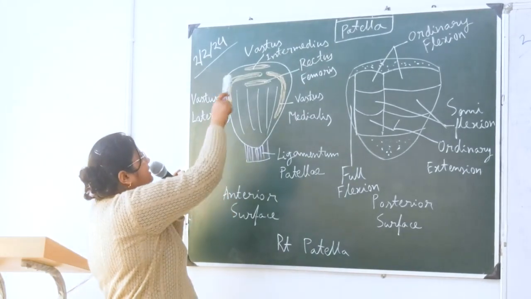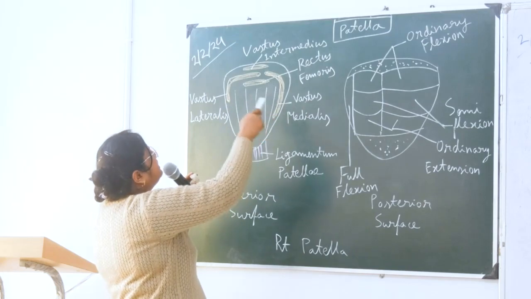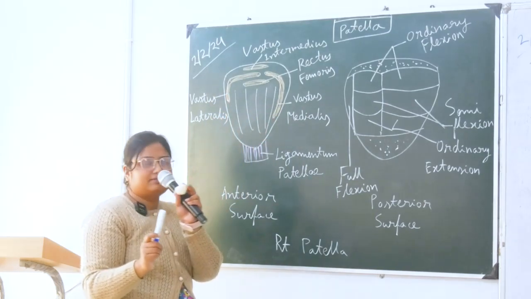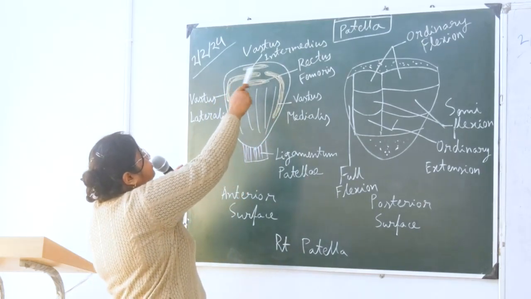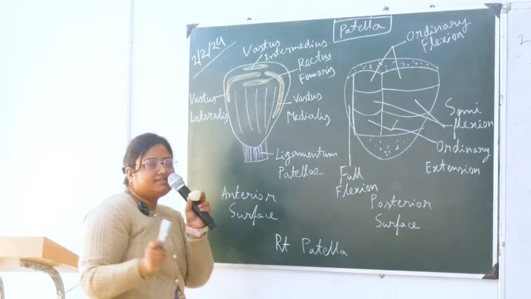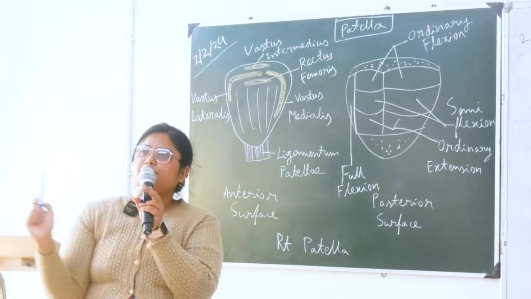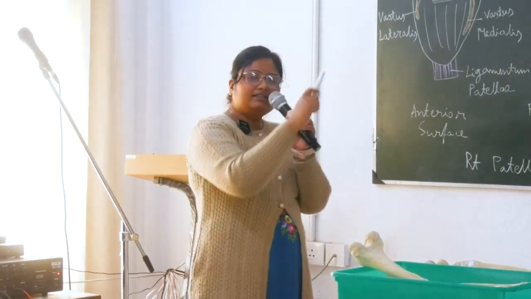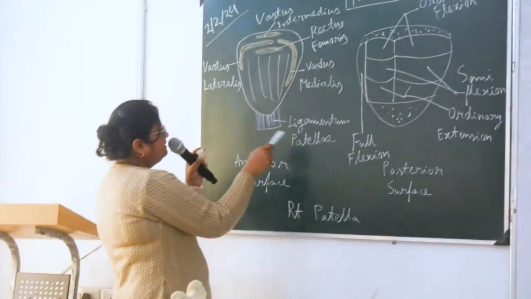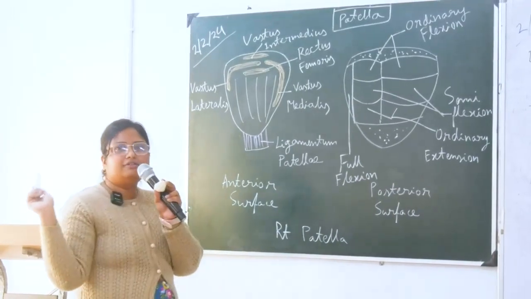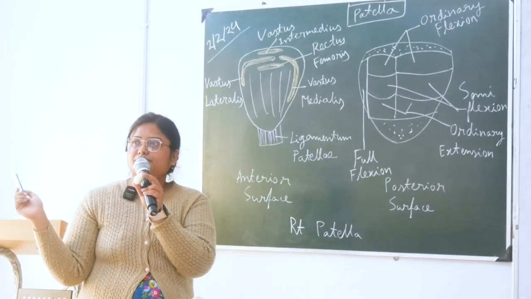Posterior most there is attachment of vastus intermedius. These four muscles together form the quadriceps femoris, in whose tendon the patella is formed. And this ligamentum patellae is also an extension of the tendon of the quadriceps femoris.